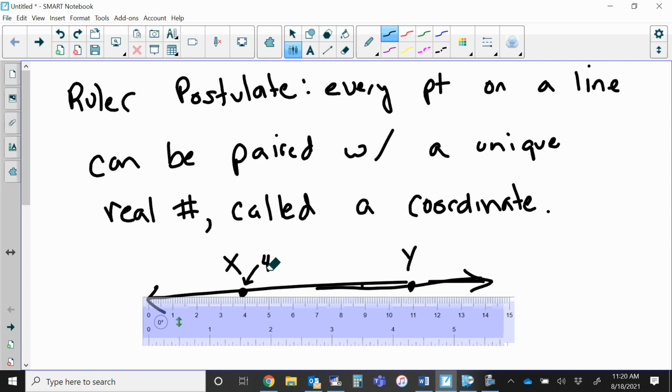That would be its coordinate. What would Y's coordinate be? And I can actually use that to find the distance.